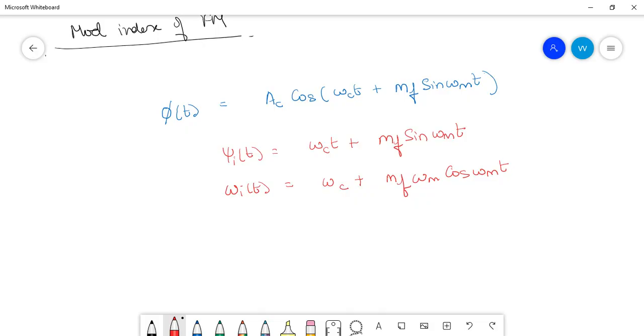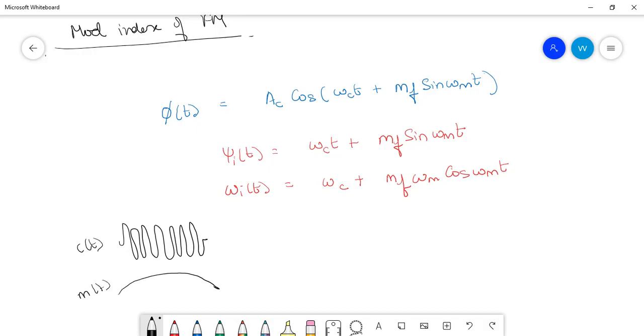This is what is happening in case of frequency modulation. If your carrier is like this, if this is your ct and the modulating signal mt is something like this, then wherever the modulating signal is very high, you have a higher frequency component.